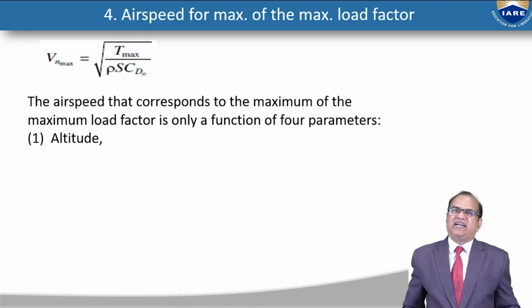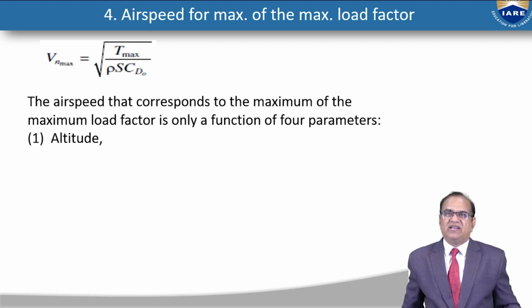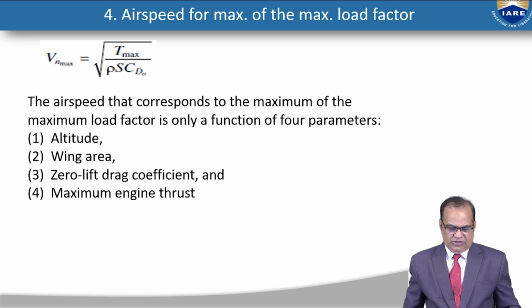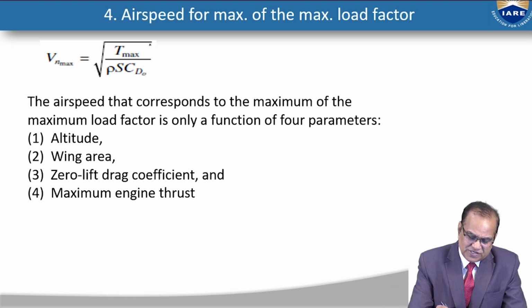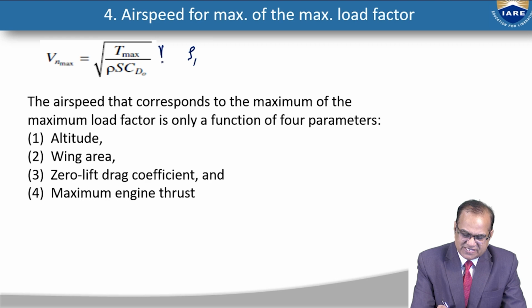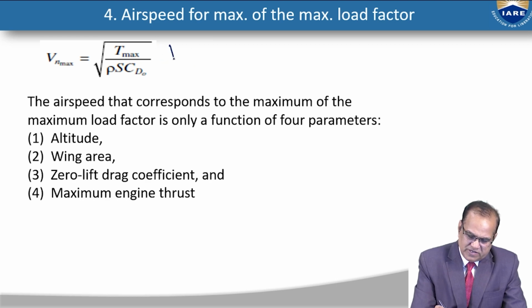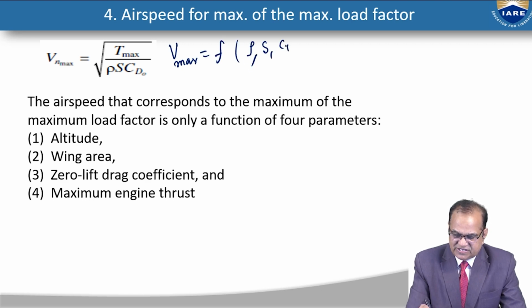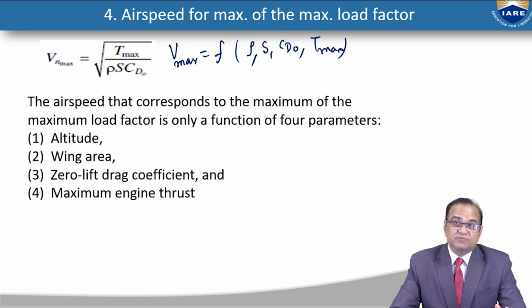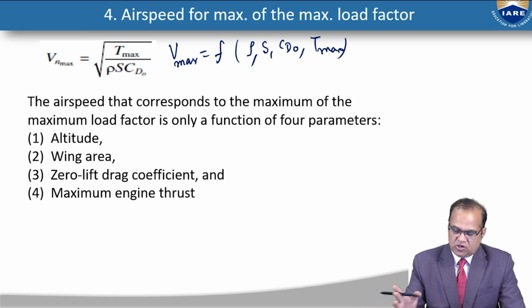So the airspeed that corresponds to the maximum of the maximum load factor is only a function of 4 parameters: rho, that is altitude, then wing area S, zero lift drag coefficient CD naught, and the maximum engine thrust T max.